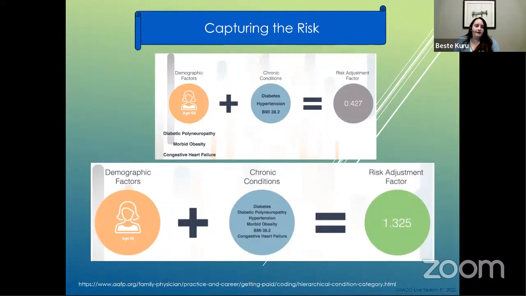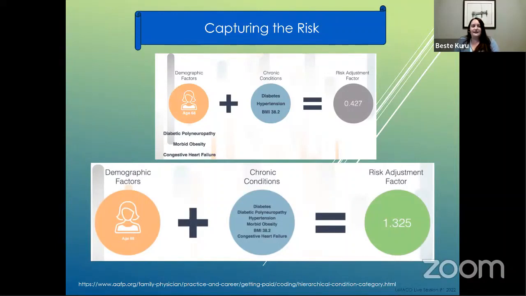In the first scenario, assume the provider only coded the diabetes, hypertension, and BMI of 38.2, as these are just the basics, covering some of the chronic illnesses the patient has. In this case, the risk adjustment factor for this patient ends up being 0.427 in the insurance system.